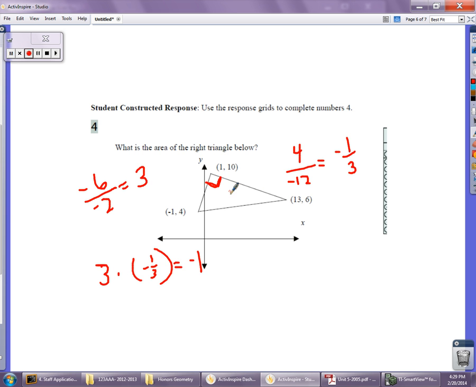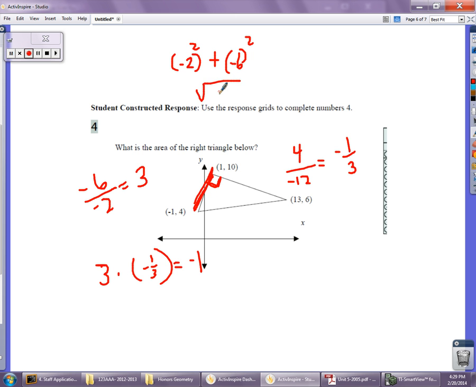Now to find the area, we would just need to know the distance of this and the distance of this. So I use my distance formula to find this first. x minus x, so negative 2 squared, then plus y minus y, 4 minus 10, which is negative 6 squared. So this becomes 4, this becomes 36.